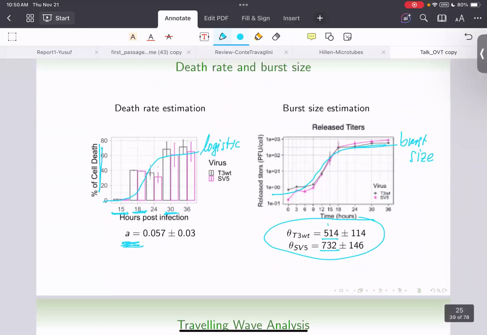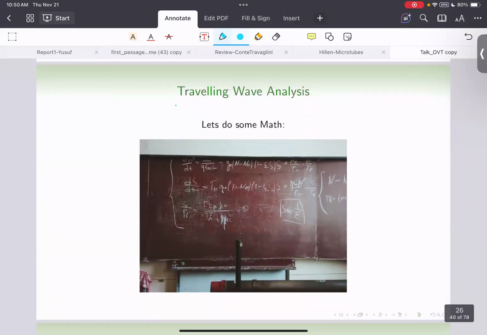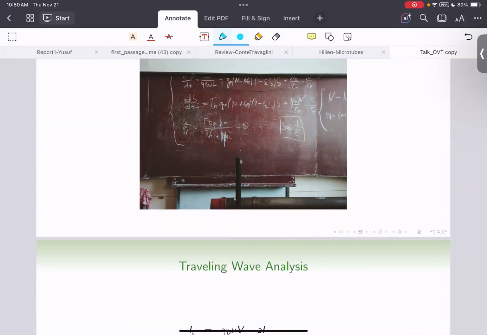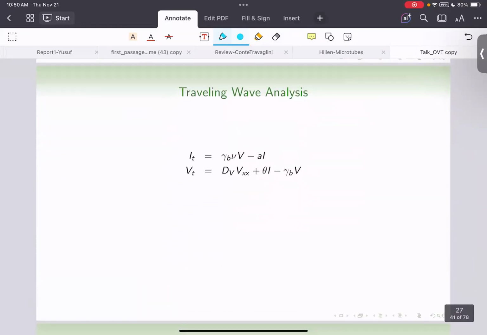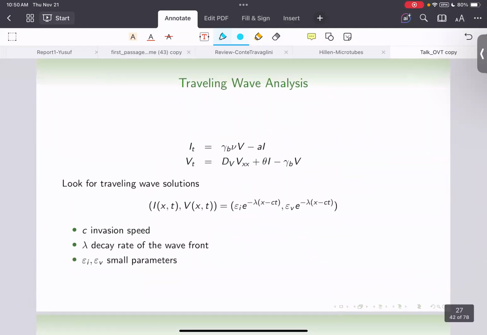All right, so now we have all the parameters, which is nice. So then we do a traveling wave analysis. Traveling waves we talked about earlier gives you an idea of how quickly the tumor grows in a certain environment. So we do that here. This is the same model as I've shown you just earlier. And then we look for traveling wave coordinates x minus ct.